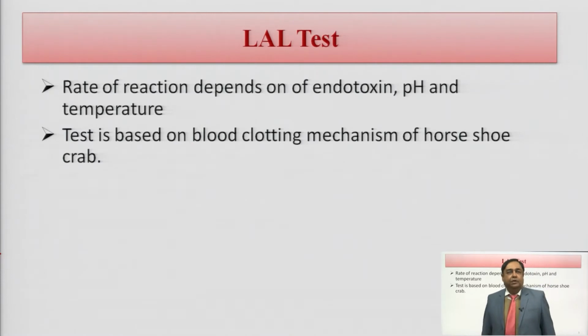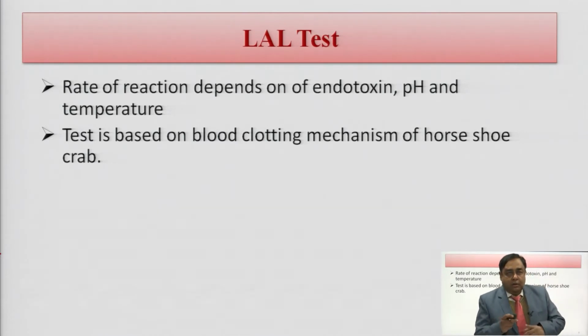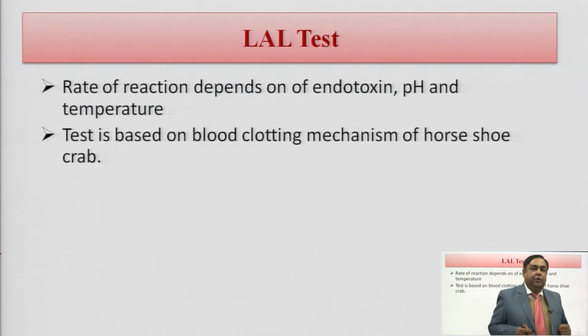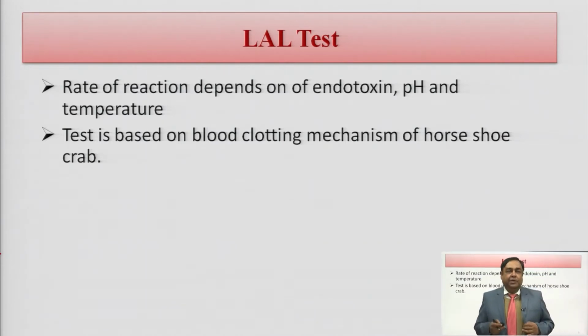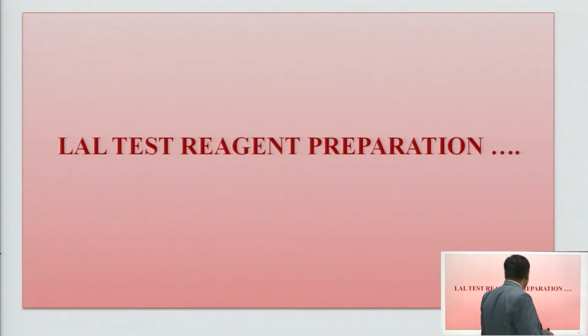It depends on the pH, it depends on the temperature also. So, the rate of conversion from sol to gel depends on, number one, the concentration of endotoxin, the pH, as well as the temperature. And this test is based on the clotting mechanism of the horseshoe crab.